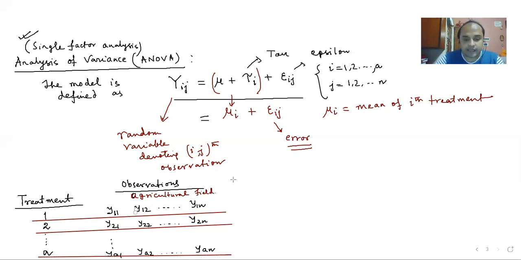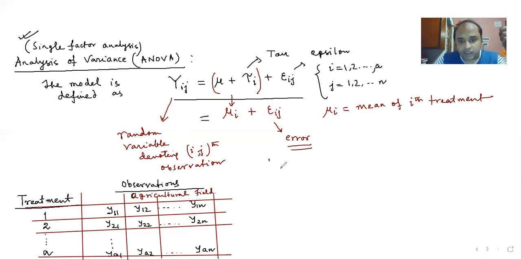I am setting this example from a pedagogical point of view, so that you can correlate it with the practical system. I am considering an agricultural field which has been divided into several subfields like this, as I am drawing right now. And I am making these blocks over here, as you can see, and for each of these subfields, the values y11, y12 give you the production of the vegetable I am talking about.